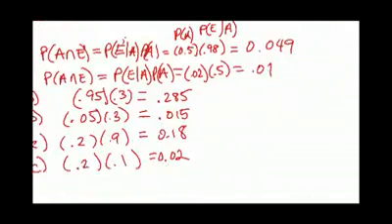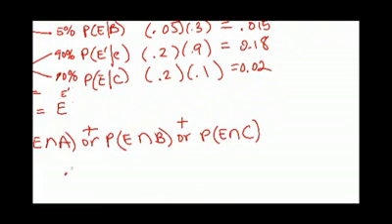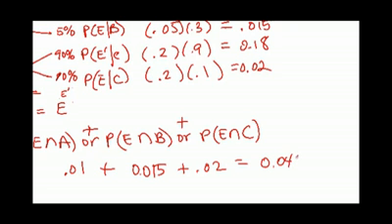So error and A was 0.01, plus error and B was 0.015, and error and C is 0.02, and when you add all those, you get 0.045. That would be the probability of error.